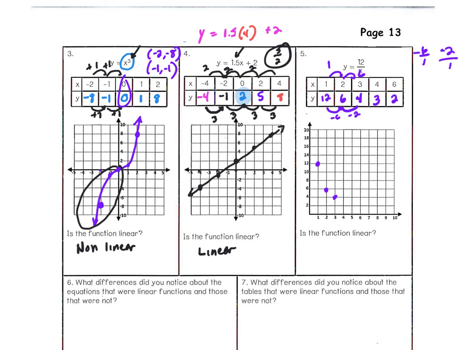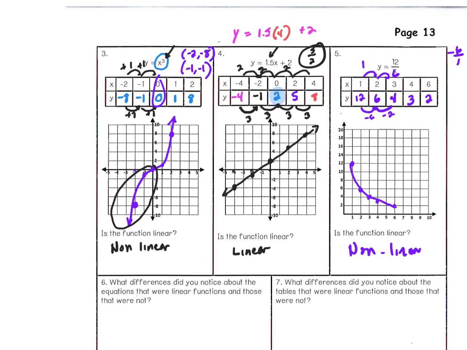Then I go to 4, and that's at 3, and then I go to 6, and that's at 2. So we can see already this is making a curved figure. So it is nonlinear.